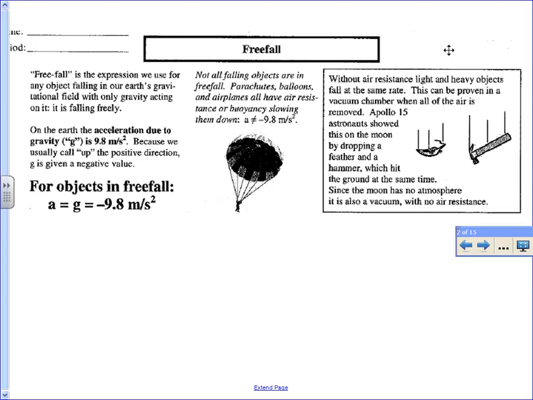Also, you can look at Mythbusters, and they've done that. They went to one of the NASA centers in Alabama, and they dropped a hammer and a feather in a regular atmosphere inside a container. Then they sucked all the air out of there and created a vacuum, dropped them, and you saw the hammer and the feather fall at the same rate. So free fall occurs when you don't have much air resistance at all.